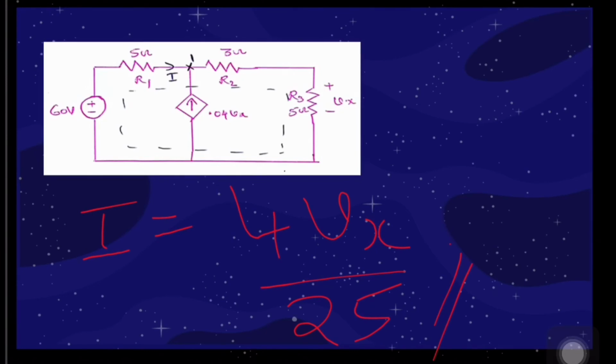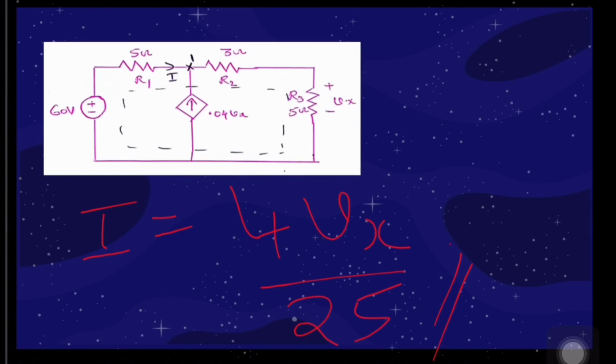Alright. Now we are going to write the KVL equation for this super mesh. What is a super mesh? Any guess? As you know, mesh analysis is a circuit analysis technique based on Kirchhoff's voltage law, KVL, which says the algebraic sum of voltages around a closed loop is 0.